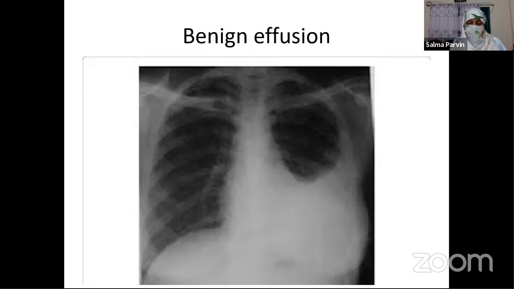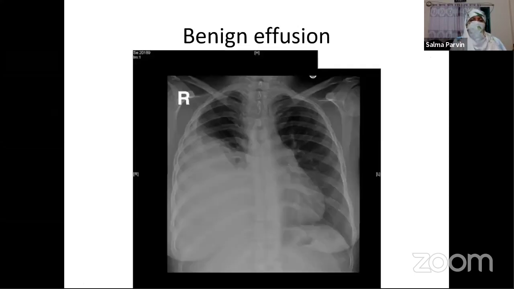It is an effusion seen in the left lung, and this is a benign effusion because there is no other abnormality seen other than this effusion, like no mass, no hilar enlargement seen, and a moderate effusion is not going to displace the mediastinum very much. This is a scenario of what we usually get in pulmonary tuberculosis in our clinical practice. And this is a benign effusion.